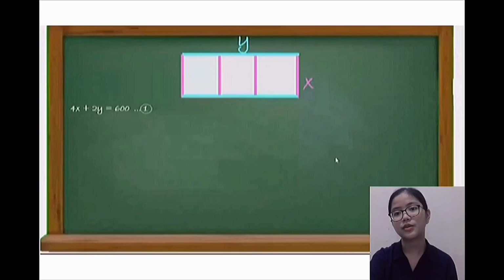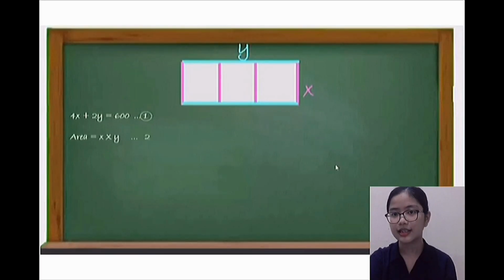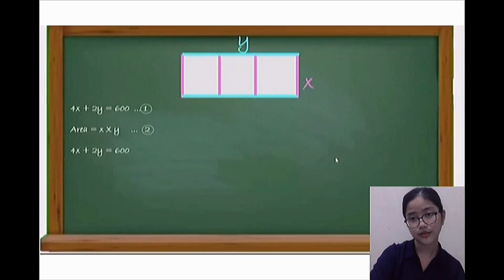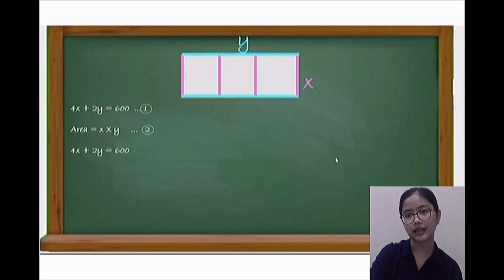For the second equation, we need to get the area. Our formula for area is x multiplied by y. For the third equation, we take the first equation and solve for y.